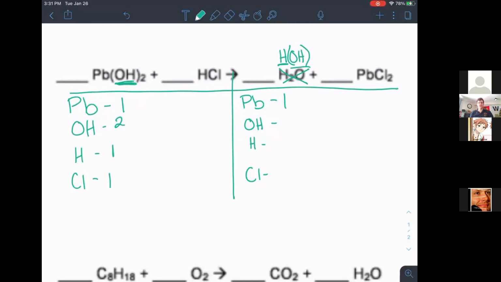All right, and now our product side. How many hydroxides? One. How many hydrogens? One. Perfect, because we're remembering that we're keeping this section separate from this hydrogen right here.